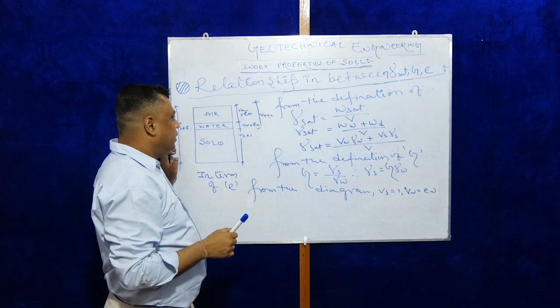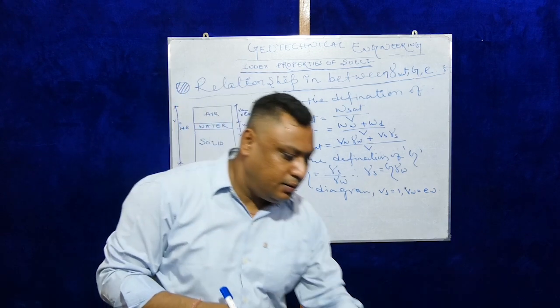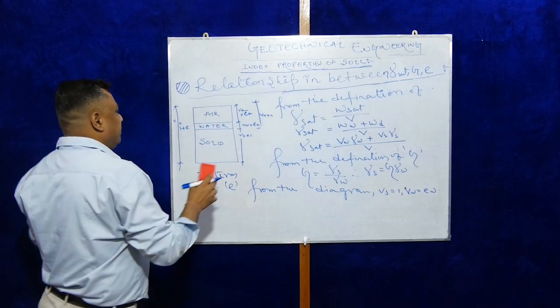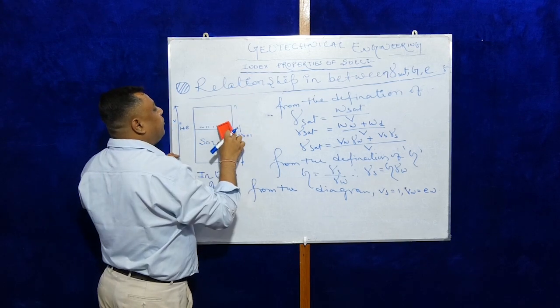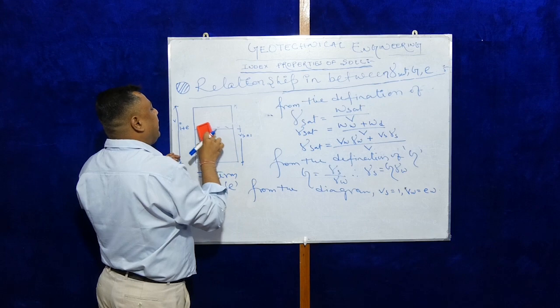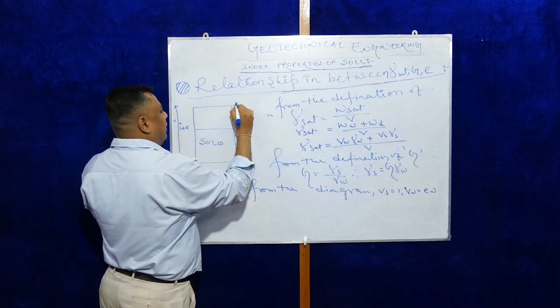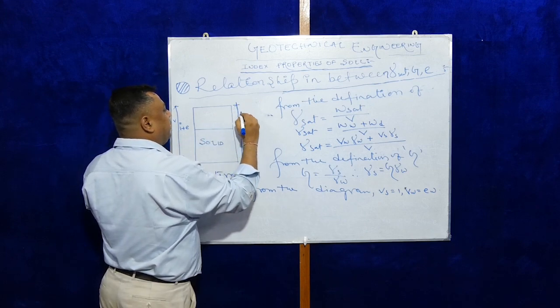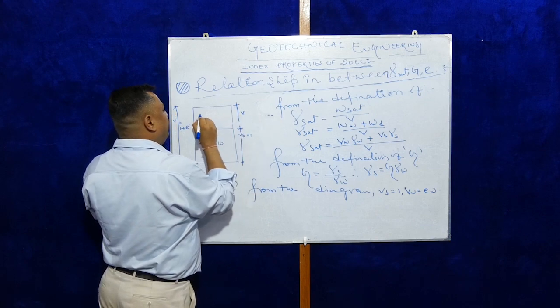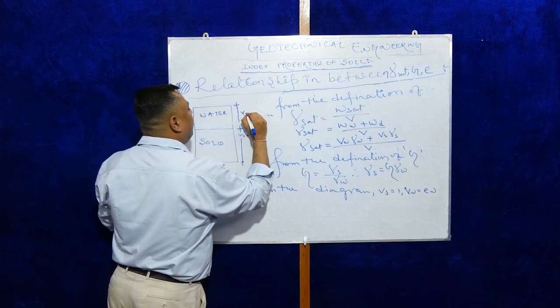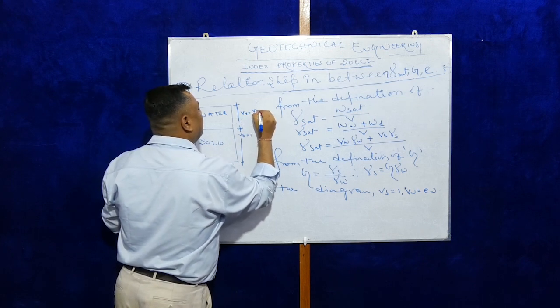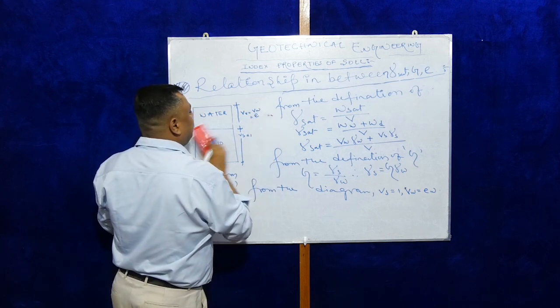Next, this is the diagram for a saturated soil sample. For a saturated soil sample, the total void space is filled with water. Therefore, Vv is equal to Vw is equal to e.